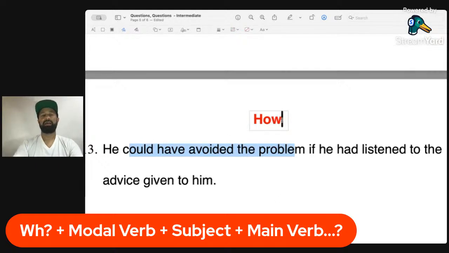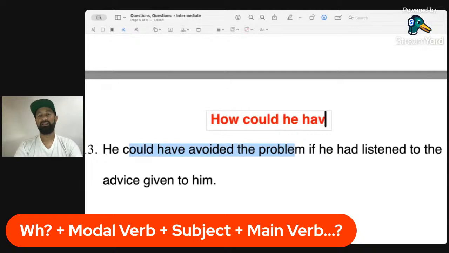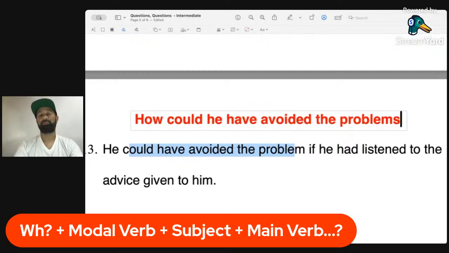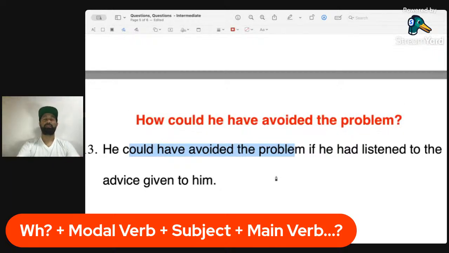So how could he have avoided? That's my main verb. How could he have avoided the problem? Well, he could have avoided the problem if he had listened to the advice given to him.